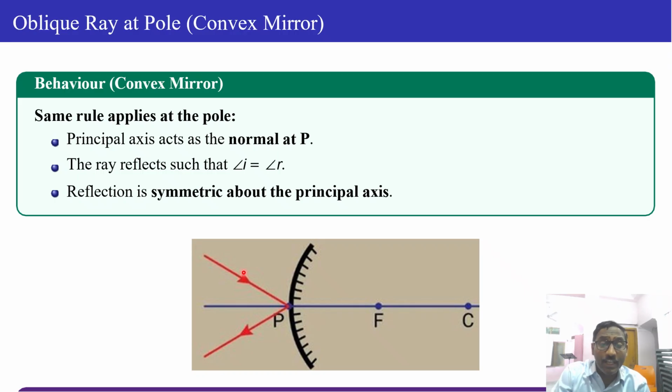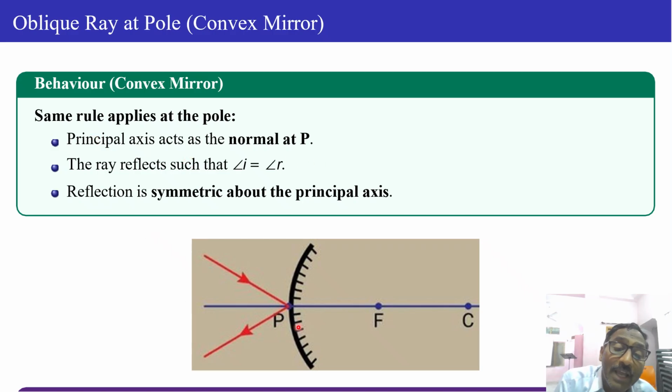Now you can see in the case of a convex mirror, the oblique ray at the pole. The same rule applies at the pole. The principal axis acts as the normal at P. So at point P, how does the principal axis work? The principal axis is the normal.